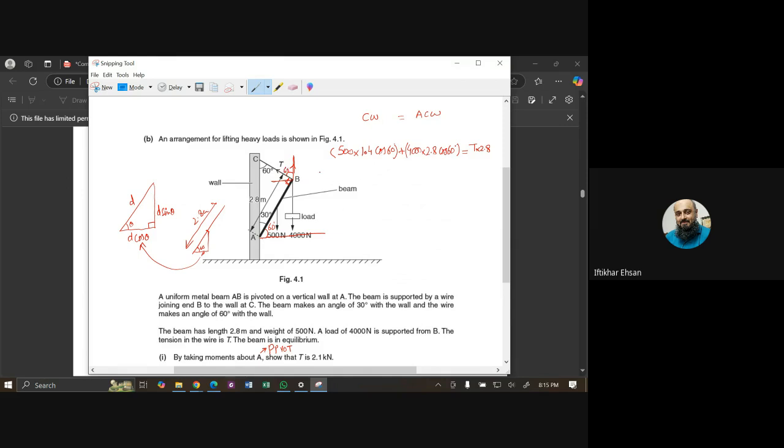So the vertical component TB is adjacent to the angle, right? The component which is adjacent to the angle is original multiplied by sine or cos. Cos. So beta, now we know the tension from here and multiply by cos 60.